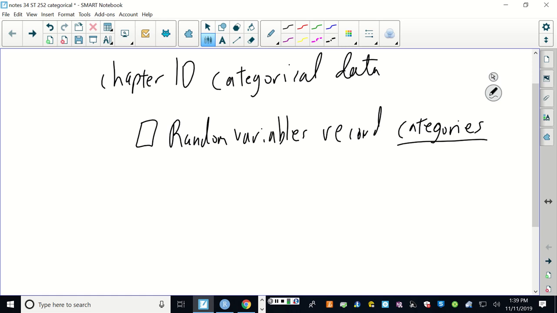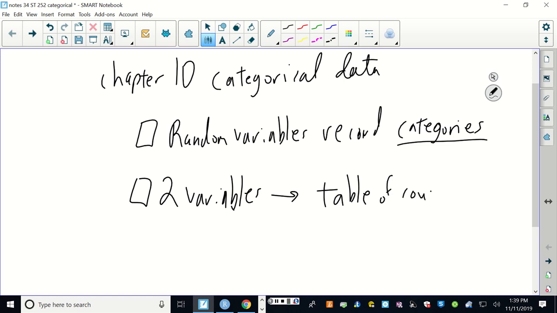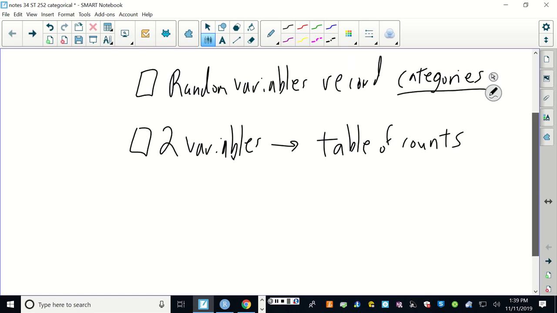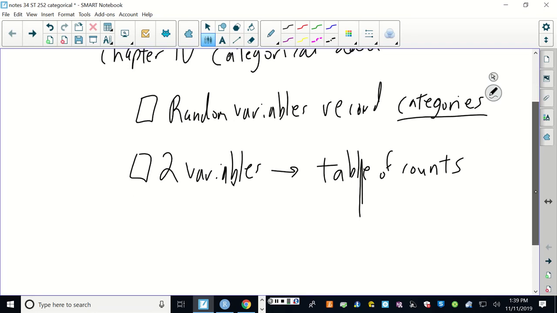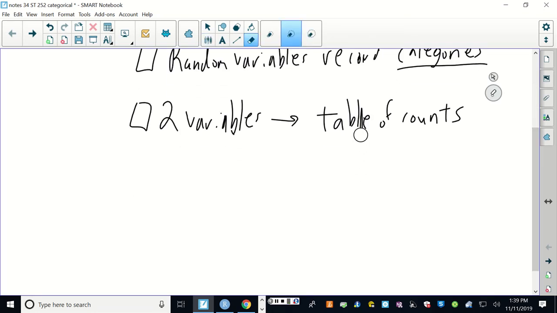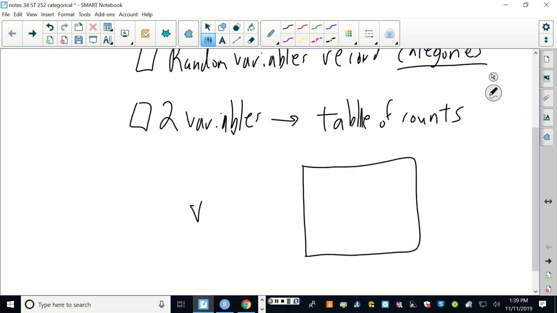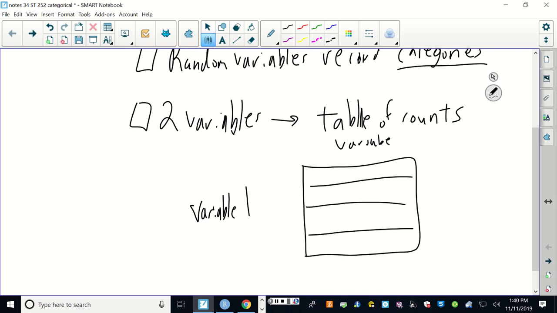And if we have 2 variables that are categories, we can make a table of counts. I'll draw it here. We have one variable, variable 1, with a certain number of categories this way, and variable 2 with a certain number of categories this way.